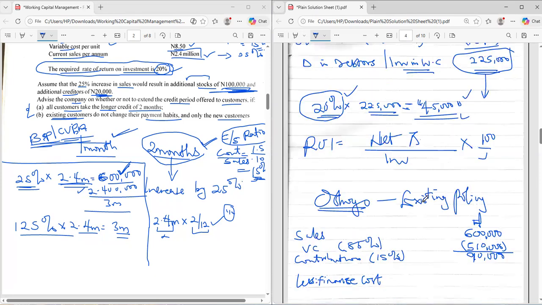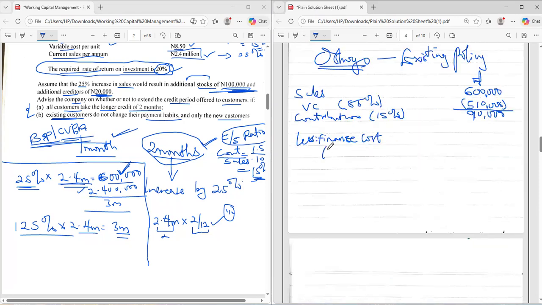Oh yeah. So our finance cost now, since it is 380,000, and the investors are expecting how many percent? 20% to run it for me. So that will now be our finance cost. Help me multiply it. What do we have?